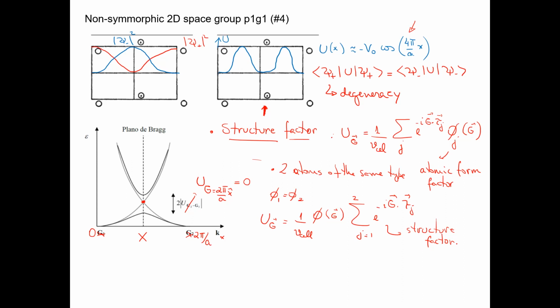So what happens in this particular case that we are considering here? In our case, we have two atoms. Let's say one is at the origin along x, and there's some small displacement which is irrelevant in y.